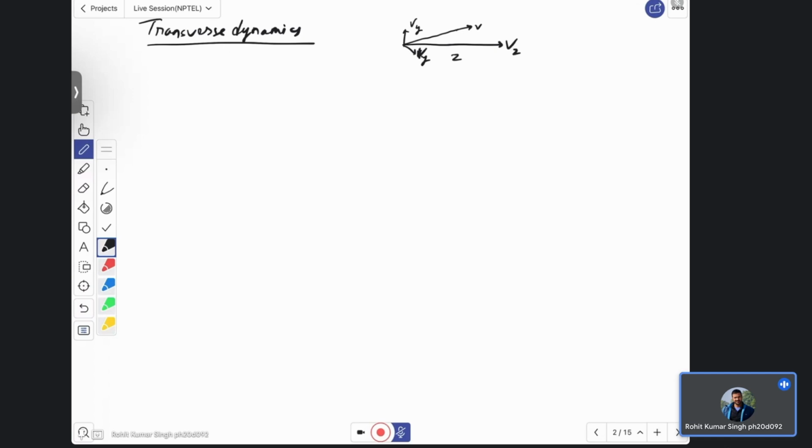What we desire is that these transverse components of velocity, Vx and Vy, should be less than Vz. This is the favorable condition, but it is not always true.